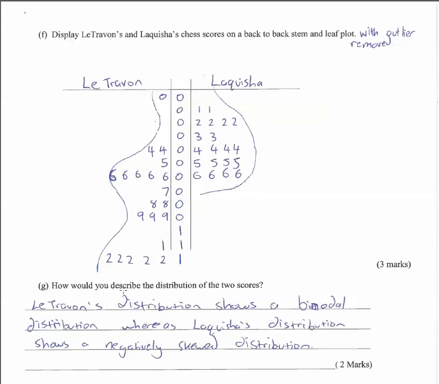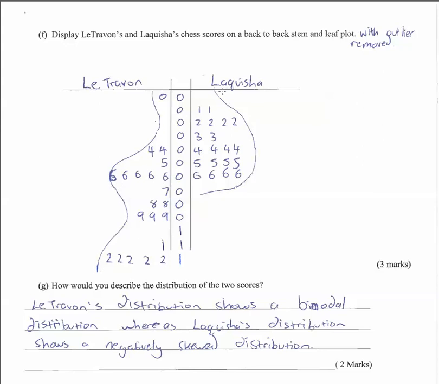How would you describe the distribution of the two scores? Well, firstly, you would have a look at each of the sides. Now, this one here, we can see there's a bimodal distribution, as I was saying before, because there's two modes. They got 12 wins 5 times, and they also got 6 wins 5 times. So there's two humps in this stem and leaf plot.